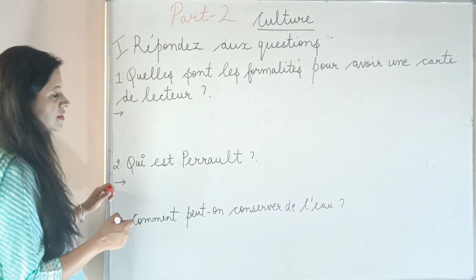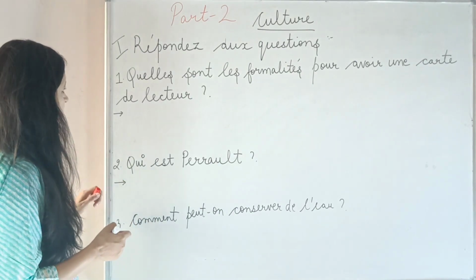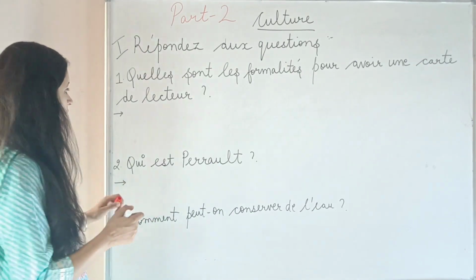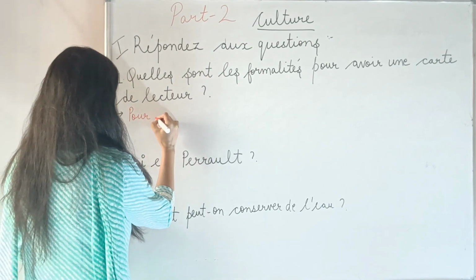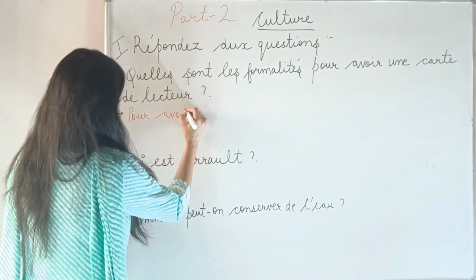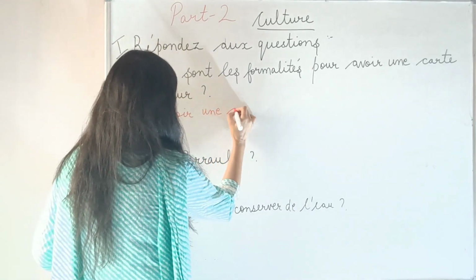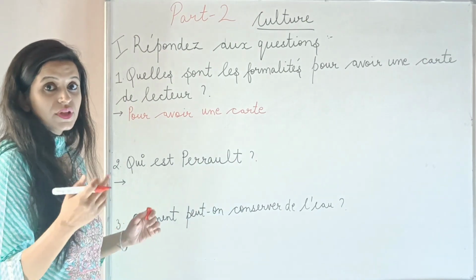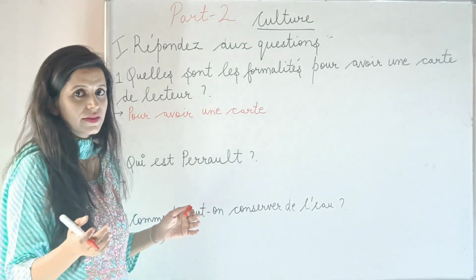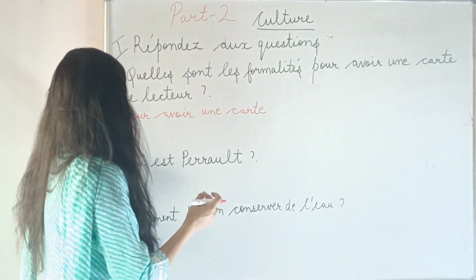First question in the culture section that I've written is: quelles sont les formalités pour avoir une carte de lecteur? So how can you answer this? Pour avoir une carte de lecteur. There are so many questions that you need to learn for the culture and civilization. You can learn it from together. But there are 2-3 that I've taken in this video.